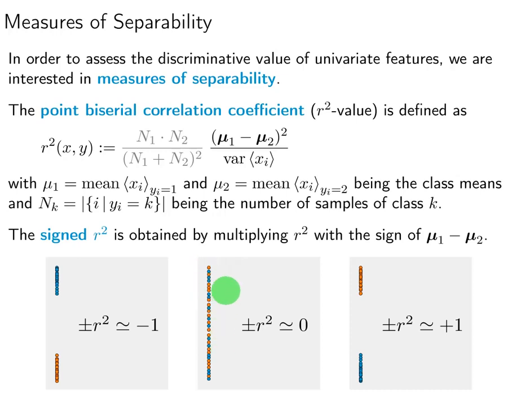While if we observe r squared to be 0, then we see a lot of features mixing up, so they are not separable, those univariate.